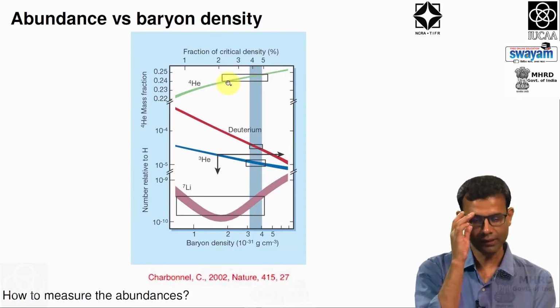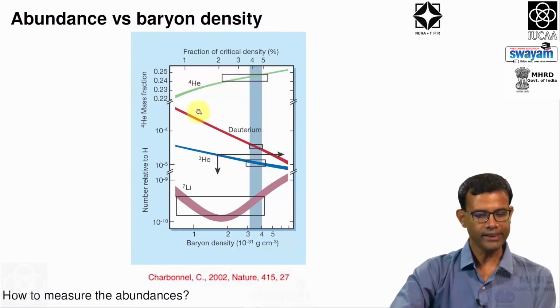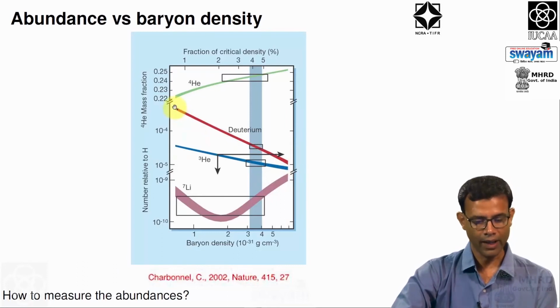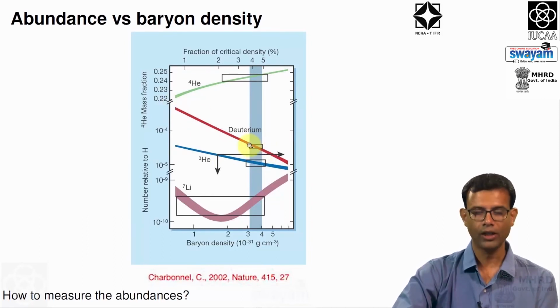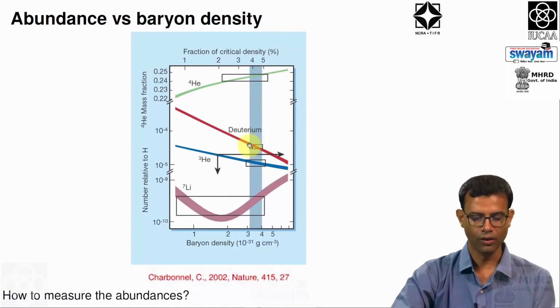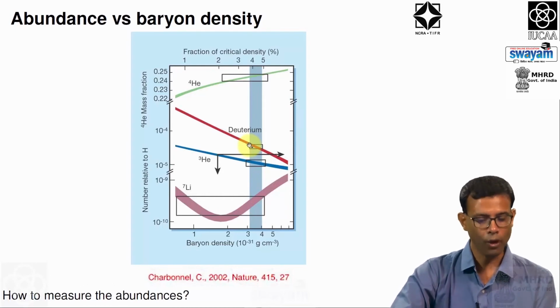What about the others? For example, let us take deuterium. Deuterium has a property that its abundance, the number relative to hydrogen, which is what is plotted here, decreases rapidly with increasing baryon density. Now, again it is possible to measure deuterium, for example, using something called intergalactic medium probes.